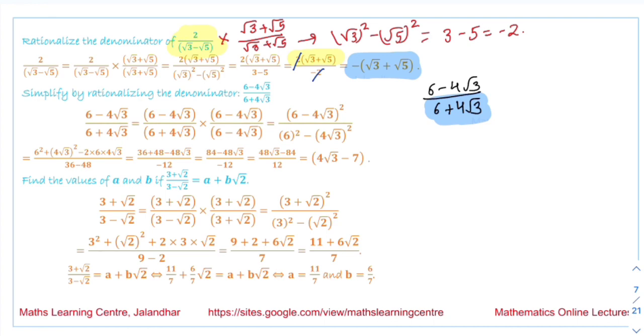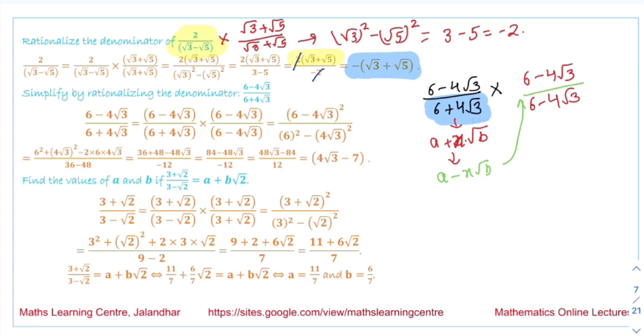So we look at this number and multiply it by 6 minus 4 root 3. This is of the form a plus x root b, and its rationalizing factor is a minus x root b. So we are dividing it by 6 minus 4 root 3.